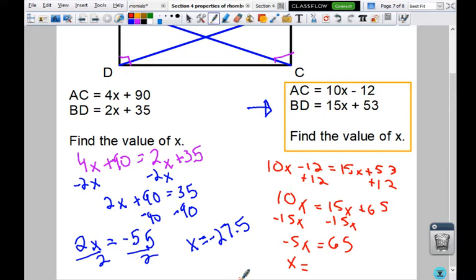I did minus 10x, so it would be negative 5x, and then negative 12 equals 5x plus 53, and then you subtract 53 on both sides, because it's already a plus, so the opposite is minus. It's negative 13. Alright, we got negative 13. I got negative 8.5. Alright, that's it.